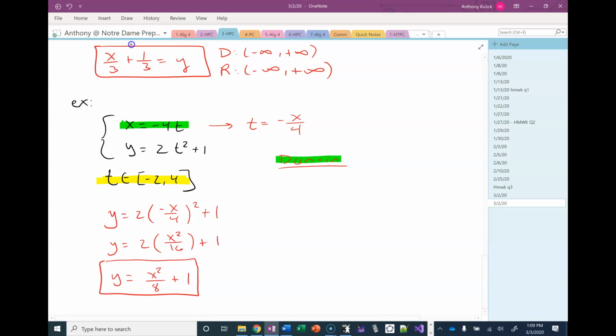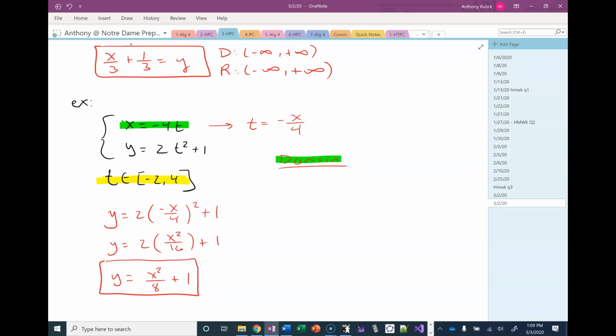So what is the key feature of a linear function like x equals negative 4t? That the function is always either increasing or decreasing, right?